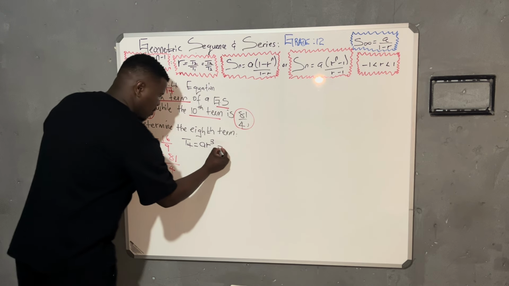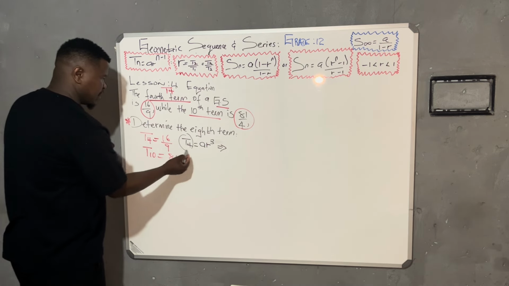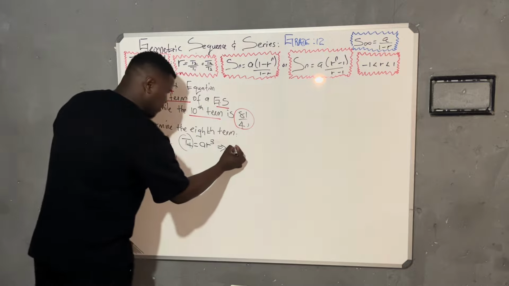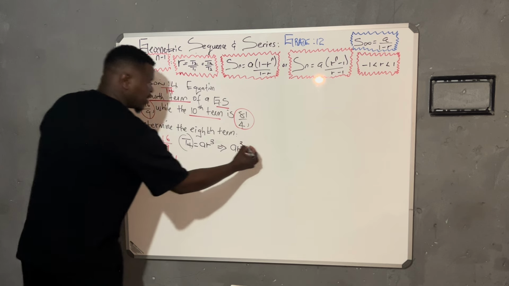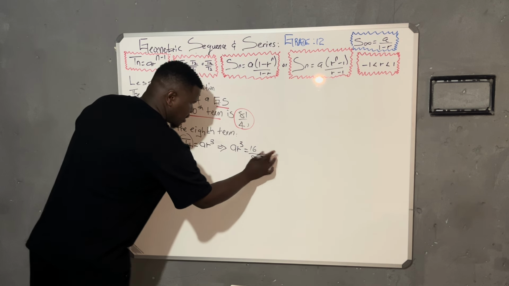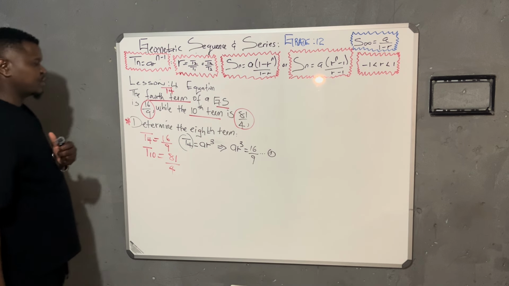And furthermore, what is T4? As it was stated, it is equivalent to 16 over 9. So my ar^3 is equal to 16 over 9. This alone is my first equation, a proper equation.